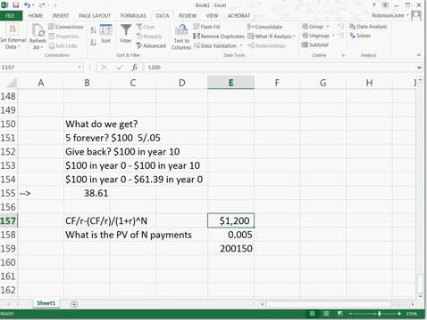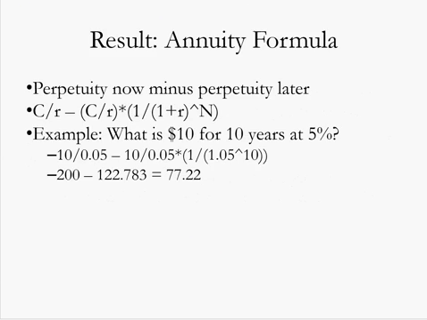So, long story short, doing this kind of thinking gets us another formula, our fourth of 6. We get the annuity formula. It looks just like we had it in Excel, and you can apply it directly to problems. So if I have $10 for 10 years at 5%, I would say 10 divided by 0.05 minus 10 divided by 0.05. So those are the two perpetuities.